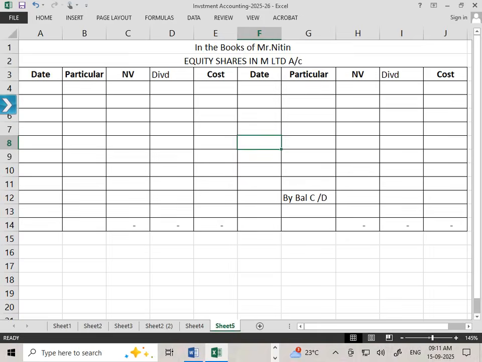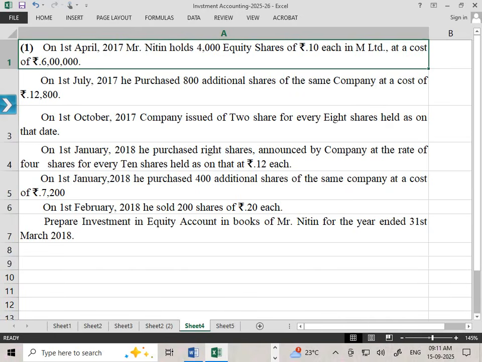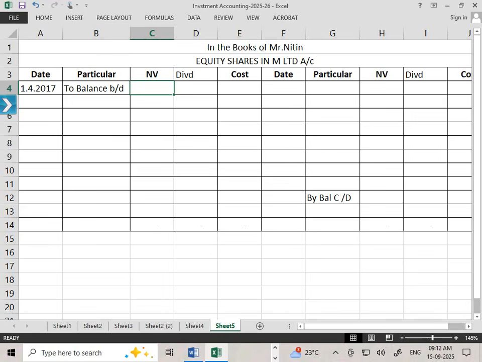Okay. So here, how many shares are there? 4,000. So write down here, date 1st April 2017, to balance brought down. 4,000 multiplied by 10. Nowhere is this 10 rupees given, but we will assume that the nominal value of one equity share is 10.